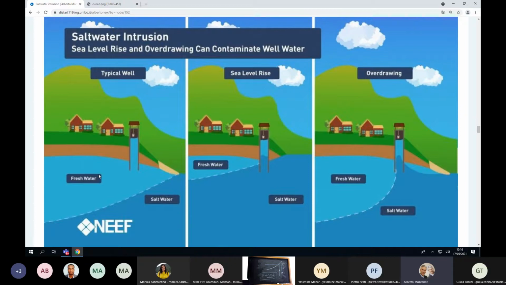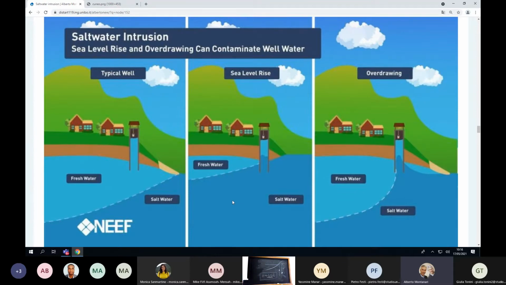The central figure is depicting the sea level rise, which may push salt water into the well. And the right figure is the effect of overdrawing, which means overexploiting groundwater. Again, you may have the intrusion of salt into the well.